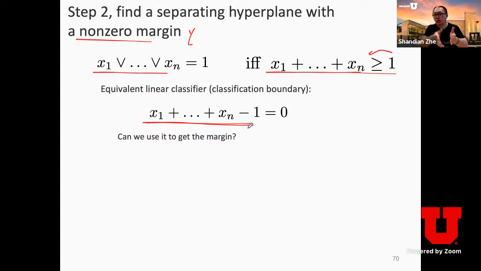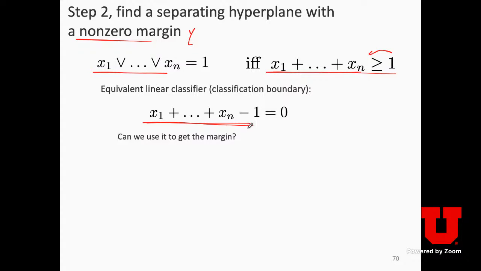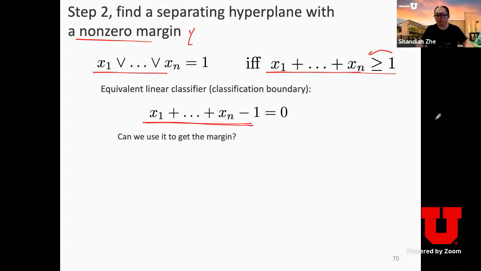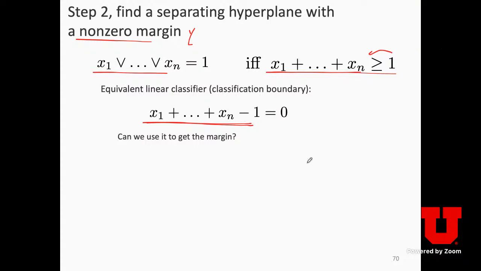Imagine that this data set might have many separating hyperplanes. We have found one the easy way. But my question is, can we use this separating hyperplane to get a margin and construct the mistake bound for the perceptron? We would want to take the distance between the hyperplane and all of the data points, right?